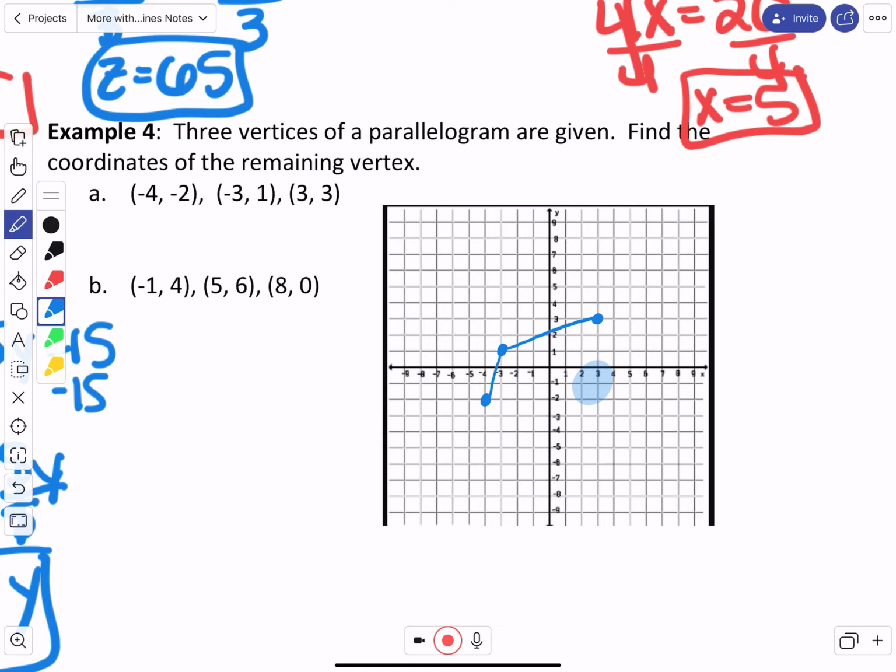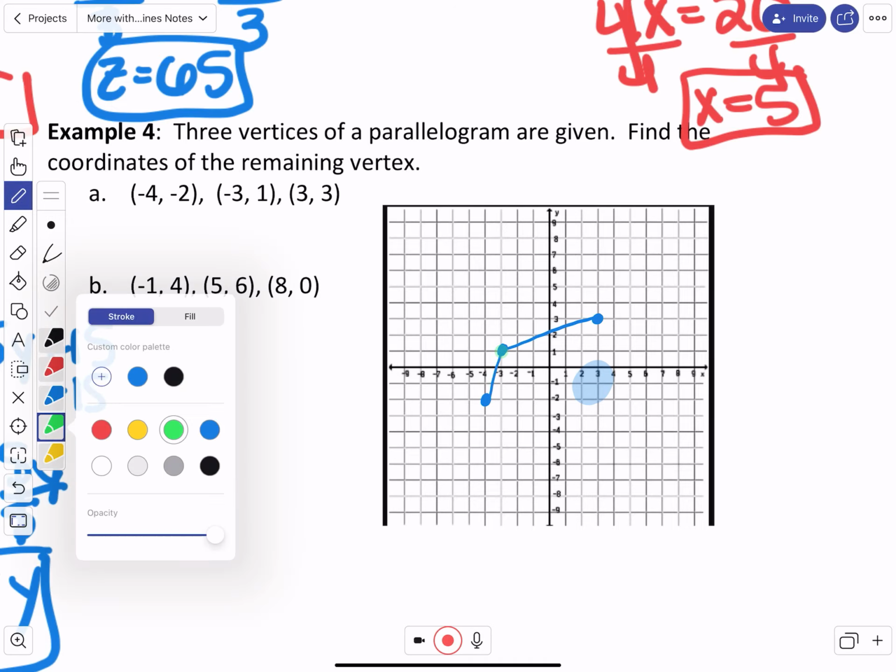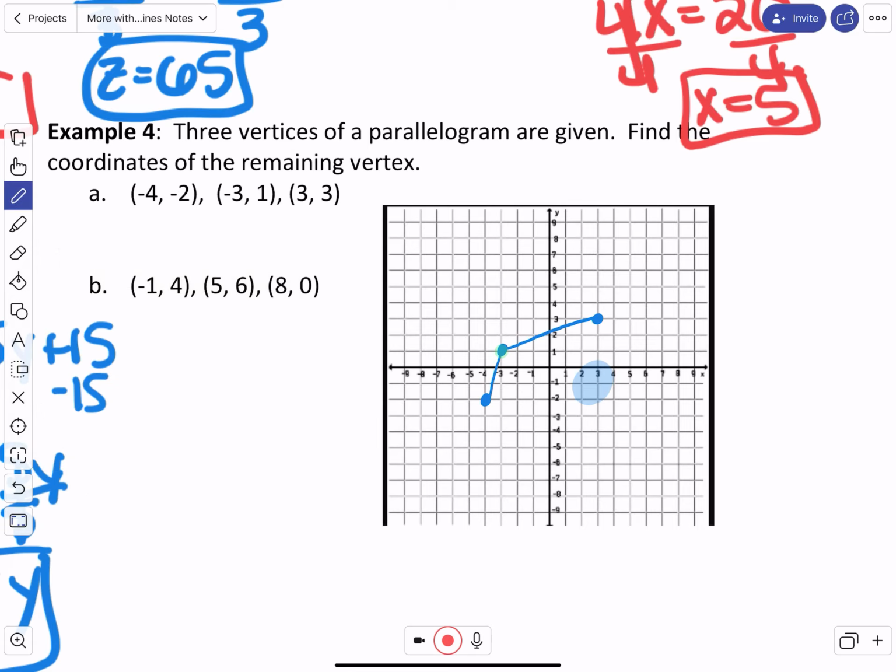So what I'm going to do is just use slope. I am just going to count, and I can see that from here I'm going to just count down and over. So I went down 1, 2, 3, and left 1. And so that's all I'm going to do here. So 1, 2, 3, left 1.